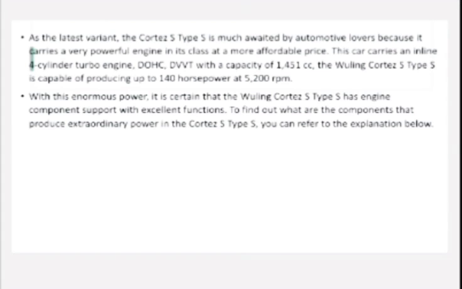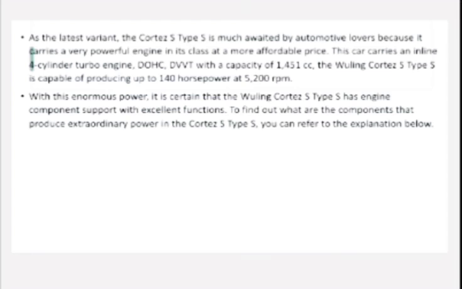Is the latest variant. The Wuling Cortez STBS is much awaited by automotive lovers because it shares a very powerful engine in its class at a more affordable price. This car has an inline 4-cylinder turbo engine DOHC DVVD with a capacity of 1.451 cc.